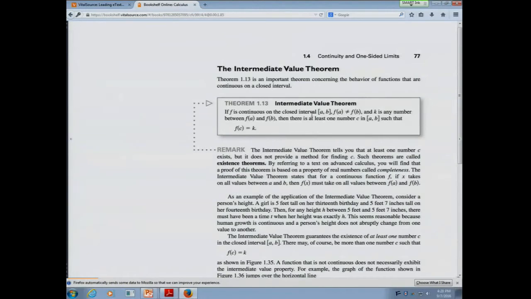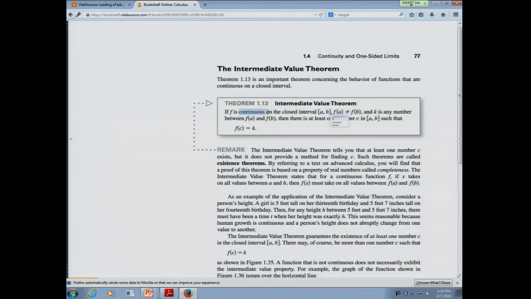First, let me write the definition down here. Or actually, I'll flash it up here for you. We can all take a look at it here. So the intermediate value theorem says if the function is continuous on a closed interval and the endpoint y values do not match, f of a is not equal to f of b. So f of a and f of b are the endpoint y values. Let's make them not match.